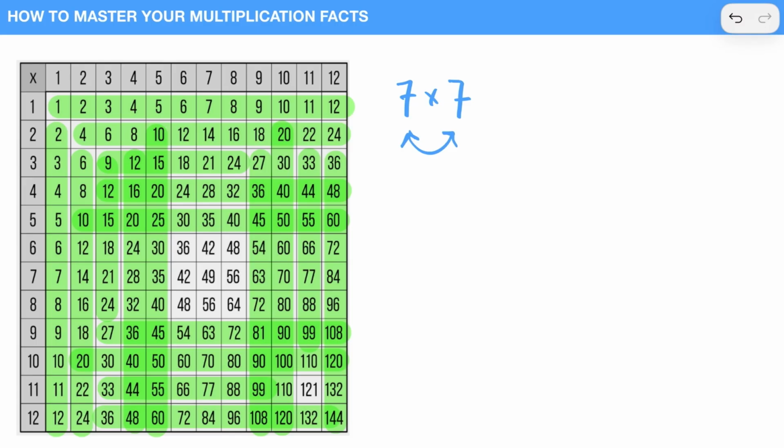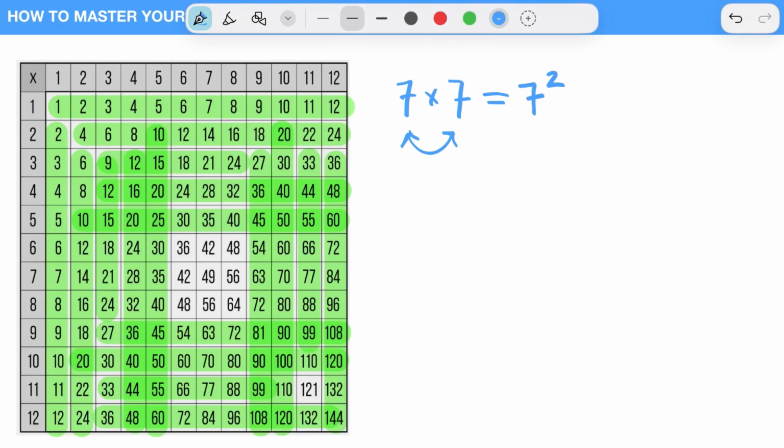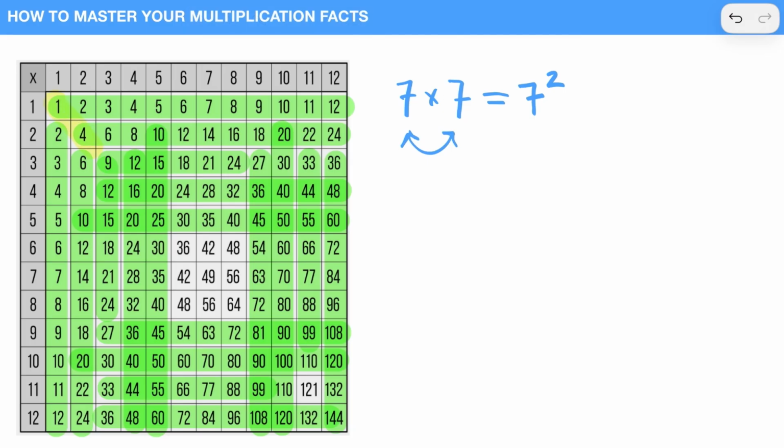For some of them there are tricks, but to be honest, not really. There's not a great replacement for just knowing your perfect squares. You would write this as 7 squared, with a little 2 in the top right. I'm going to highlight the diagonal. It's anything times itself. It is worth memorizing those.